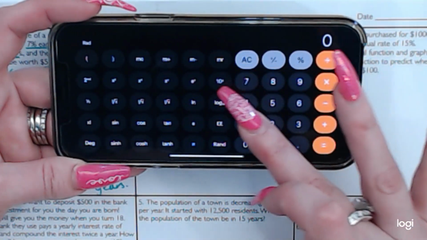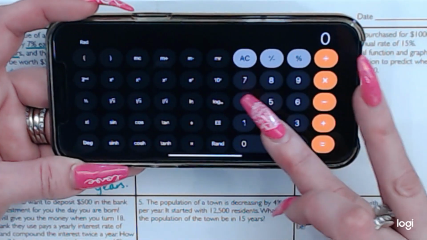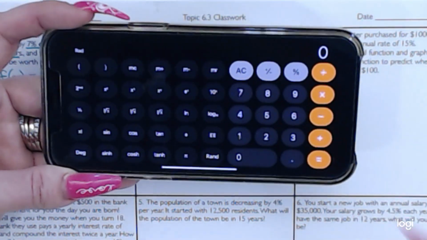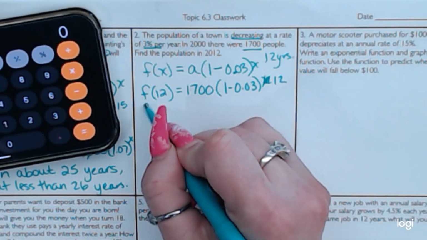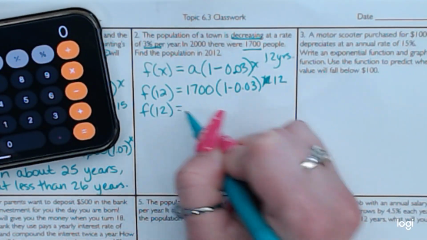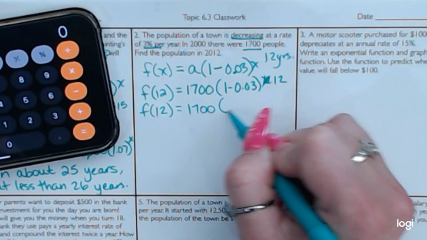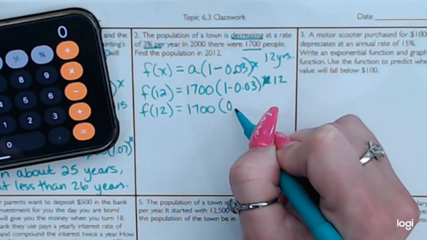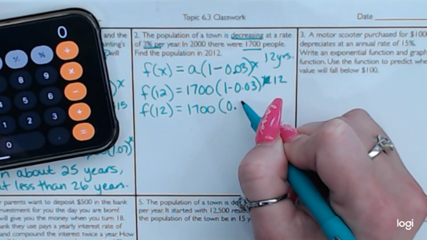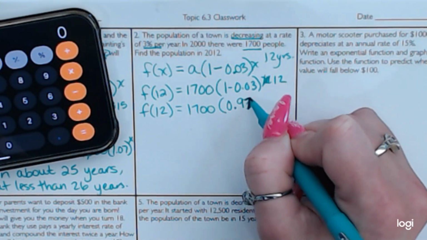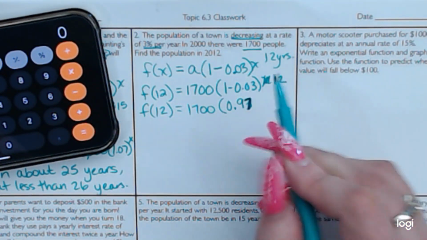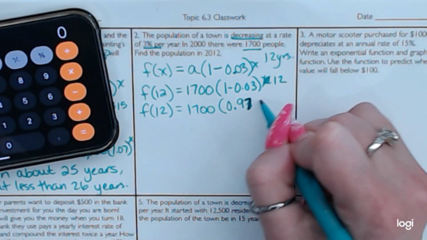So 1 minus, well, think about what that means. 100% minus 3%. Well, actually, let's rewrite this then. This is the same as finding just 97%. If you take away 3% from 100, it's 97%.